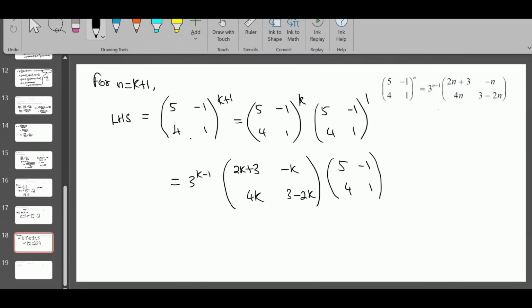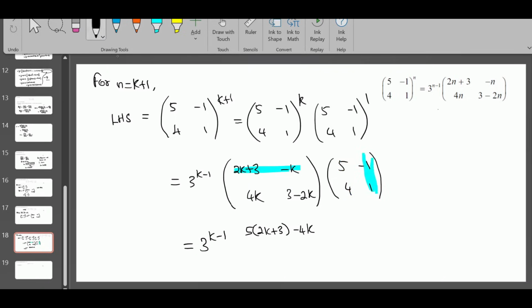And then just apply the matrix multiplication here, keeping the 3 power k minus 1 outside. So take the first row, multiply by the first column. It's going to be 5 times 2k plus 3, minus 4k. Now multiply by the second column.